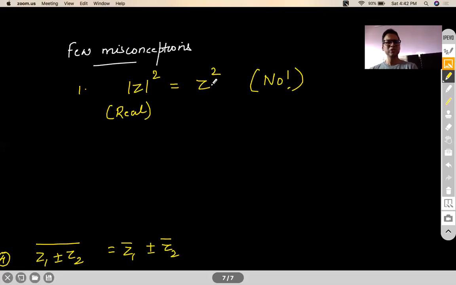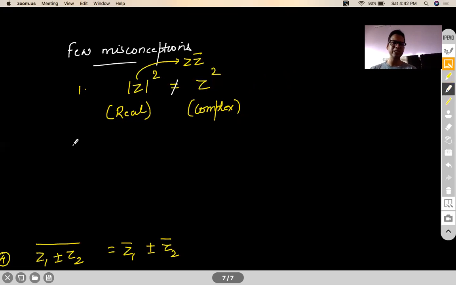And z square means you're squaring a complex number, which will again give you a complex quantity. I'm not saying a real number cannot be a complex number, but this will always be real, and this may not be real. Are you getting my point? So mod z square is not z square. It is actually z into z conjugate. Okay. So please note this down. This is not equal to this. However, it is equal to this.